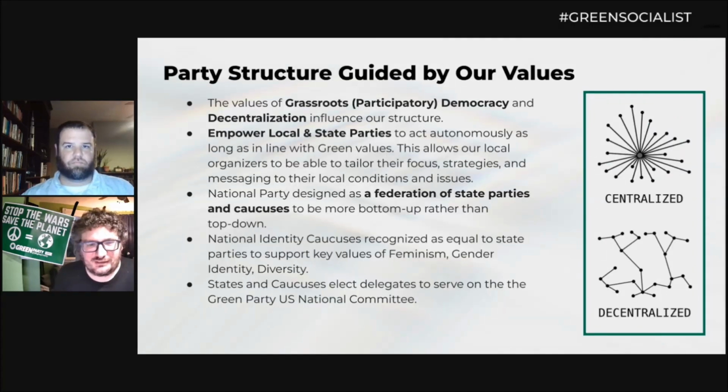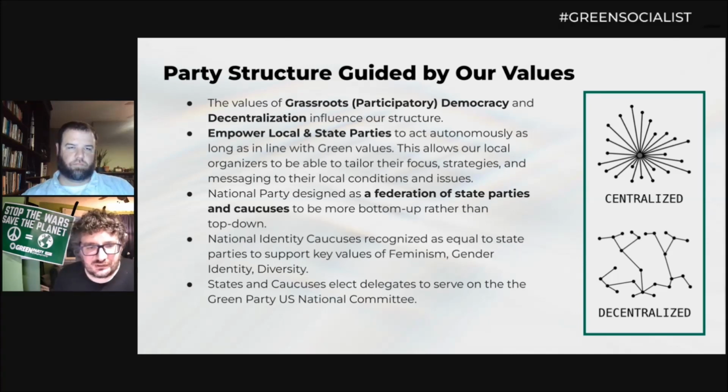All right. So, the first question is to talk about how the party is structured. So this means kind of the rules, the bylaws, and how the party as a whole makes decisions, right? How do we come together to talk about issues and make decisions? That's what we mean by structure.